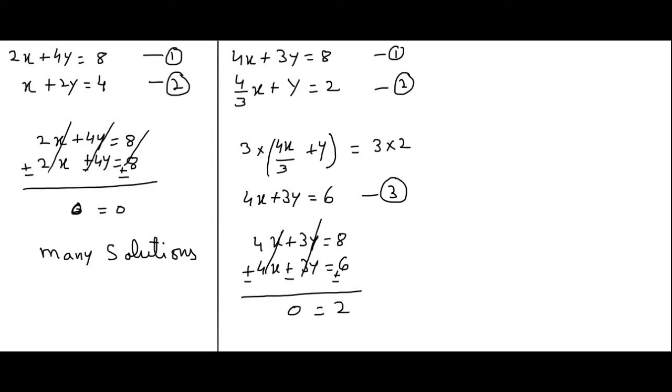We have not obtained any value of x or y, so we say that there is no solution, and it satisfies the condition which is 0 is equal to k, where k is any integer value. So this is the topic of solving the simultaneous linear equations by elimination method.